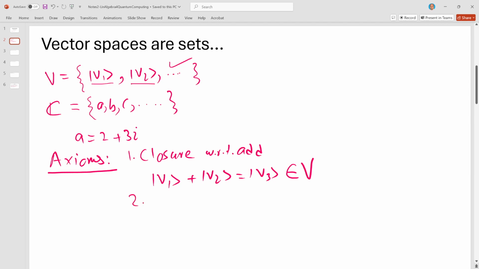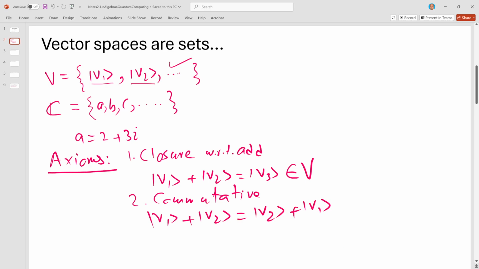And similarly, it has to be commutative. That is, for any two elements in the set, the addition is defined such that it's commutative. And also we postulate that there exists a null vector in this vector space such that if we add this null vector to any vector, the vector doesn't change.